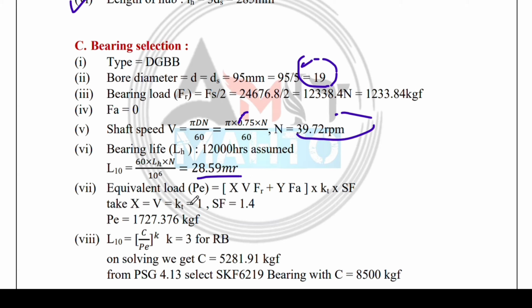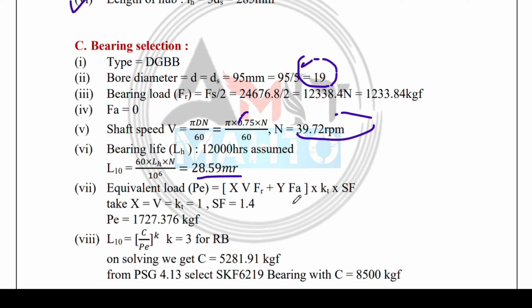Next is equivalent load, PE. For equivalent load, you will get this formula on the data book page number 4.3. There, we take X, V and Kt, all these three values will be 1. Service factor we assume 1.4.